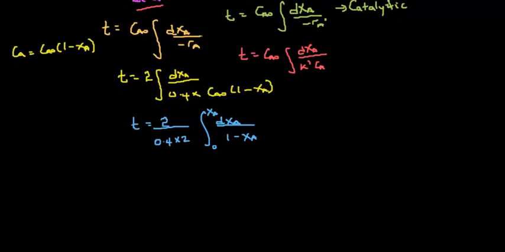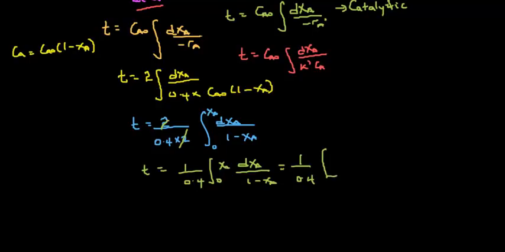This becomes t equals, these two cancel out these two, so I have 1 over 0.4 integral from 0 to XA of dXA over 1 minus XA. So this becomes 1 over 0.4 into bracket. If you integrate 1 over 1 minus XA, you have minus ln 1 minus XA, from your normal integration rule.